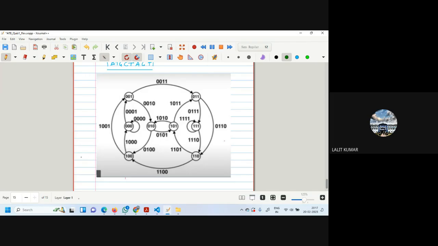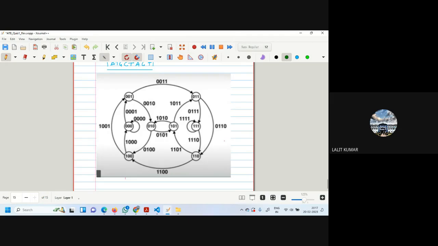So see here, it is 2 outgoing, 2 incoming. Here, 2 outgoing, 2 incoming. Here again 2 outgoing, 2 incoming. So all the nodes are fulfilling the criteria of the Euler theorem. So it means that there is a path.